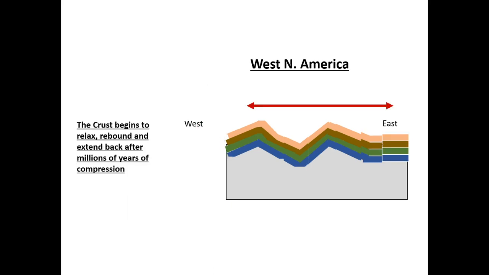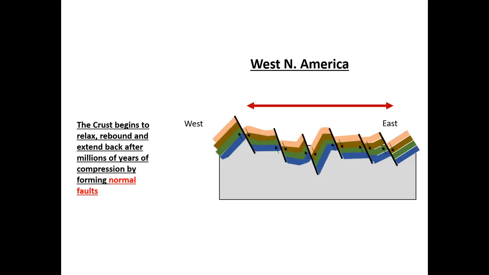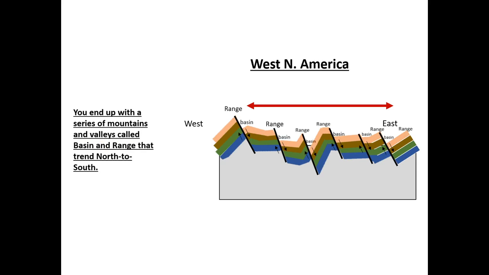The crust begins to relax and rebound, and it starts to extend after many millions of years of compression. So things extend out like that, and you can see all these fault blocks form and they tilt, and you get this series of basins and ranges, okay? So you get a mountain range, a basin, a mountain range, a basin, a mountain range, a basin, a mountain range.